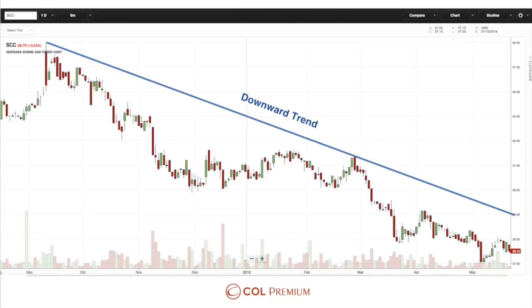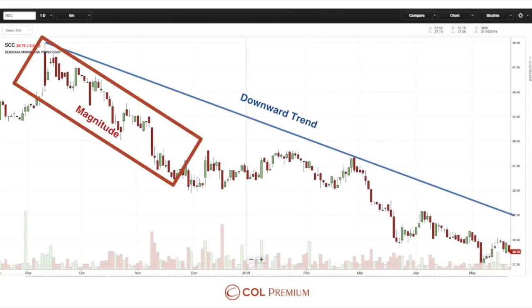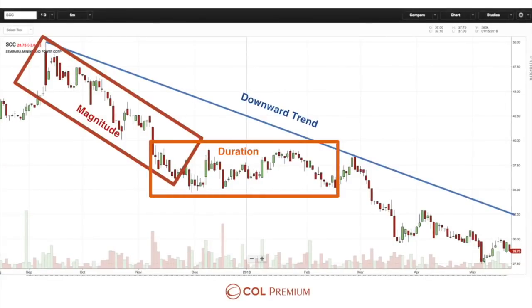Let's say we break it down to a week or two, you can see that this is your magnitude and then duration. You see the sideways move? A while ago I mentioned that duration in uptrends is caused by what? Profit taking, exactly. In downtrends, what causes duration? Bargain hunting.